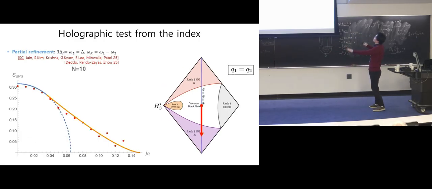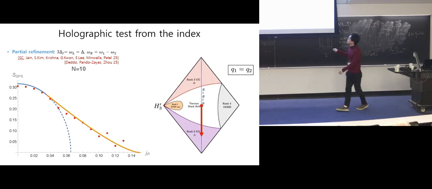And now we want to move in this direction so that the difference between angular momenta, J1 minus J2, becomes larger. Then our prediction from the gravity side is that at a certain moment, you should find the contribution of the gray galaxy is larger than the known black hole solution. And the result is given by this. At small difference of angular momentum, the index matches well with the known black hole solution.